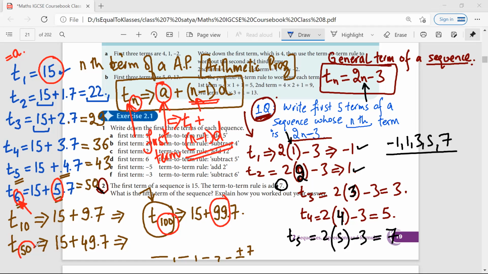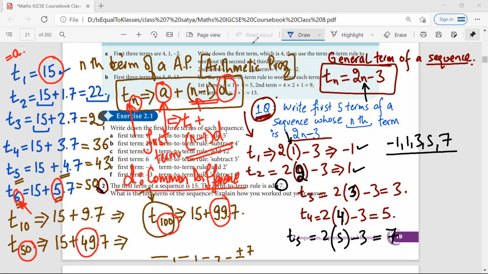If you want the 50th term, you will multiply by 50 minus 1. Okay, is it clear? Yes. And what is D? D is my common difference. Satya, are we clear? Yes, sir. Do some practice problems, don't worry.